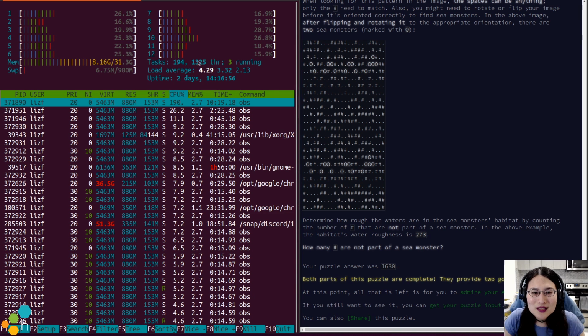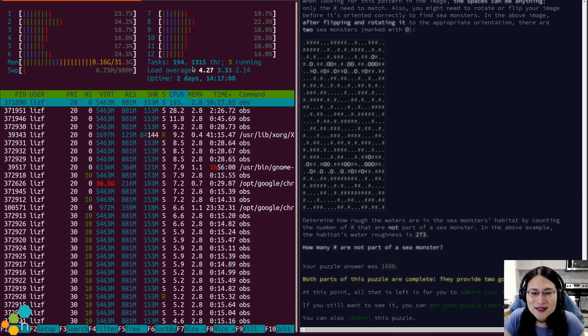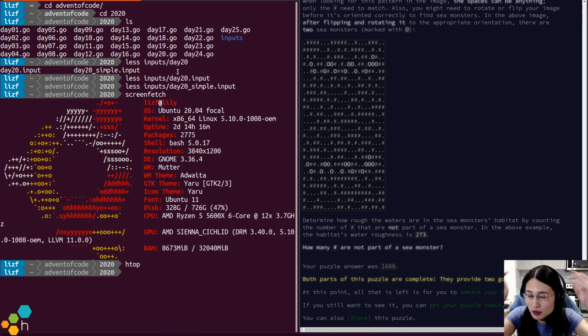But you'll see here that it's executing on 12 cores. Except it's not actually 12 cores. It's 6 actual cores and 12 hyperthreads. So the performance is going to be a little bit slower in terms of parallelism, but it's going to be much faster in terms of maximum clock rate and IPC.